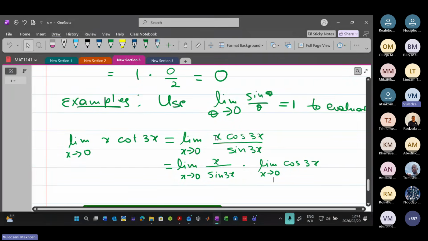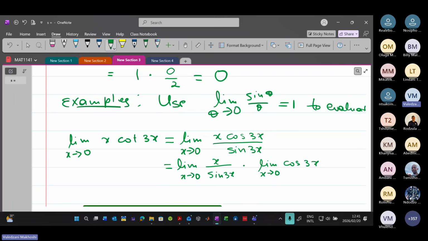What we're going to do is to rewrite this. Maybe I'll do it slowly so that you are able to see what is happening. So we want a 3 here. So we have x.